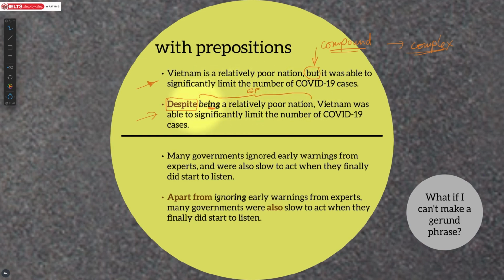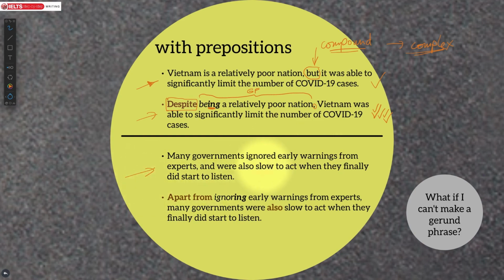Despite being a relatively poor nation, comma, Vietnam was able to significantly limit the number of COVID-19 cases. Perfectly grammatically acceptable here, perfectly grammatically acceptable here, except you're going to get lots more ticks, or at least subjective nods and subjective happiness from the examiner if he sees this type of writing.